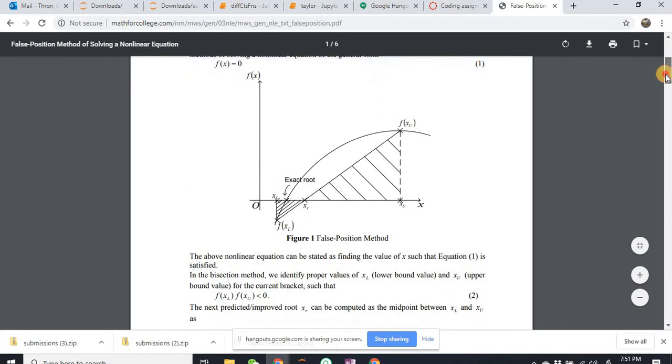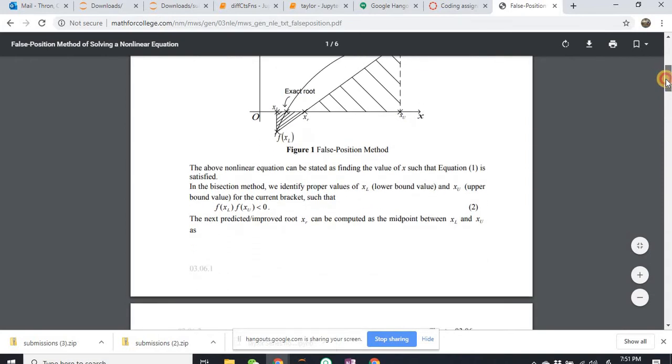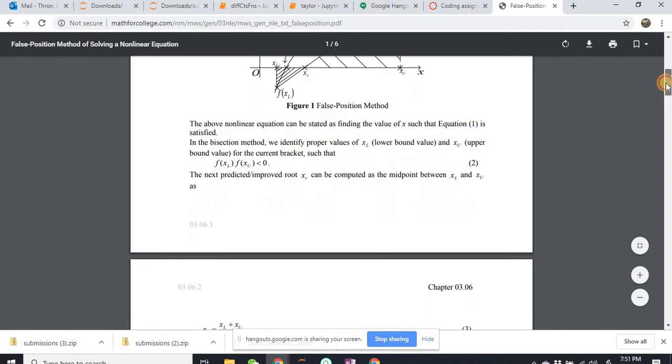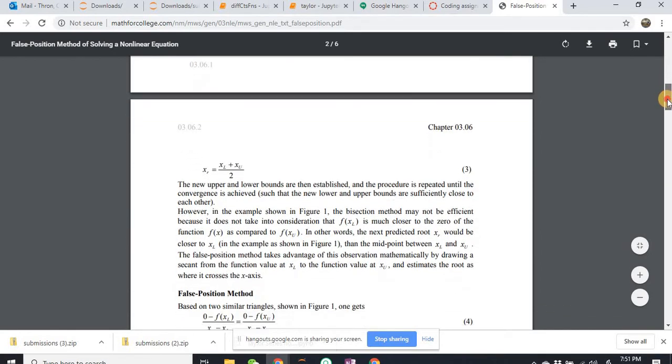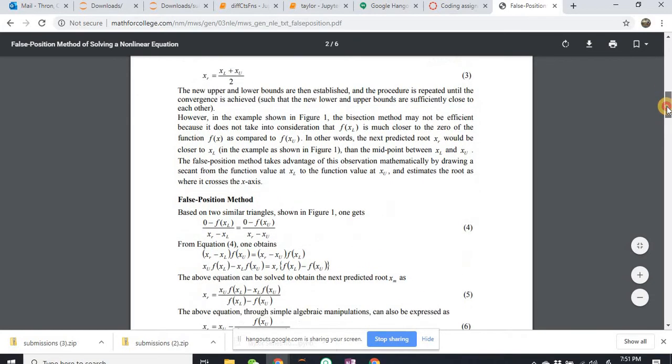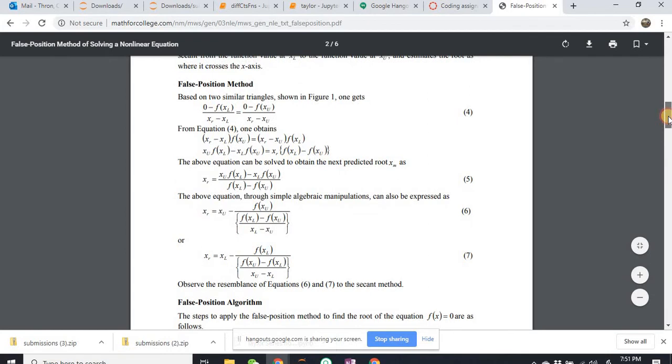All right, this looks a lot like secant. Actually, to me, this looks like secant.